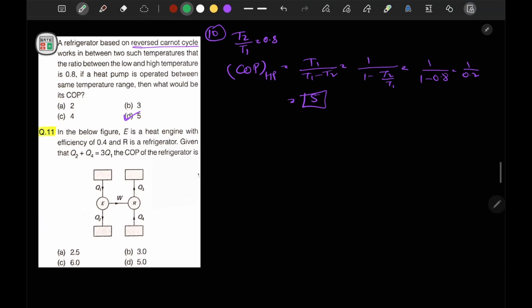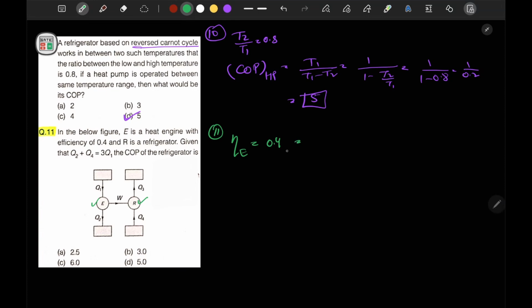Question number 11. In the figure below, E is an engine and R is a refrigerator. The efficiency of the engine is given as 0.4, and R is the refrigerator, given that Q2 plus Q4 is equal to 3Q1. Find the COP of the refrigerator.